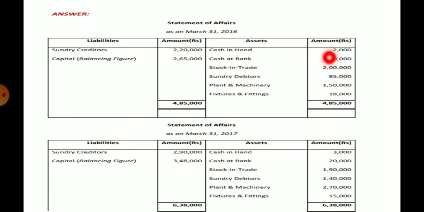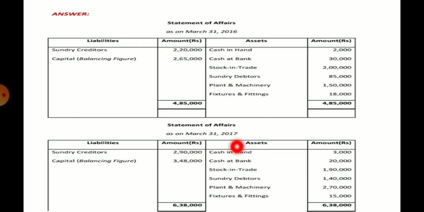Cash in hand 2,000, cash at bank 30,000, stock in trade 2 lakh, sundry debtors 85,000, plant and machinery 1,50,000, and fixtures and fittings. These are assets, so they will be written on the asset side. Sundry creditors 2,20,000, and after you total both sides, the balancing figure is the capital.